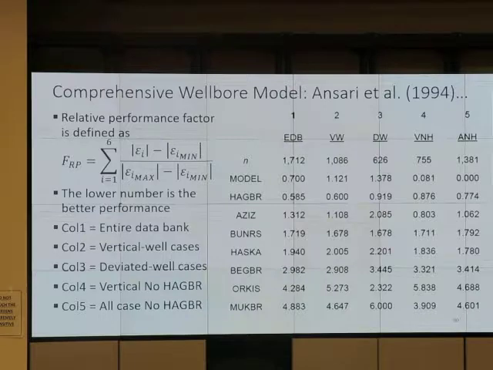Look at this one. They define a relative performance factor. F sub RP, relative performance, is the absolute epsilon I minus epsilon I min, divided by epsilon I max minus epsilon I min. So epsilon is like error. A lower number is better performance, a higher number is less performance.